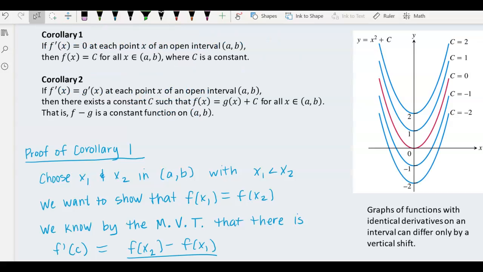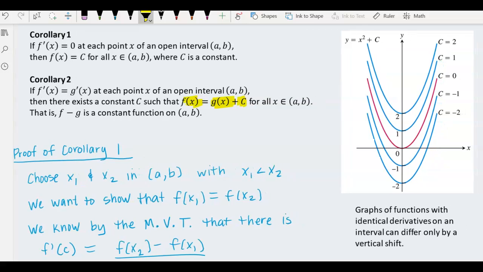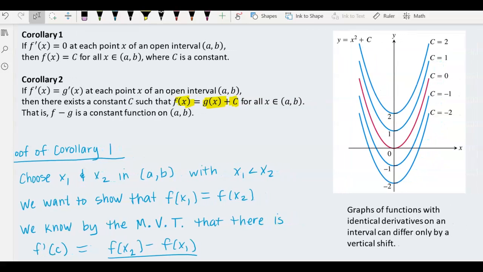Back at the second corollary, it's saying that if we have two different functions that have the same derivative on some interval, then there's a constant, c, such that if you add that to one of the functions, you'll get the other function. Looking at this picture over here on the right, it's saying that the two functions look identical on that interval, but that they are just vertical shifts of one another.